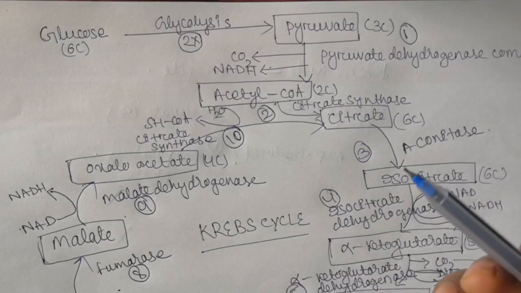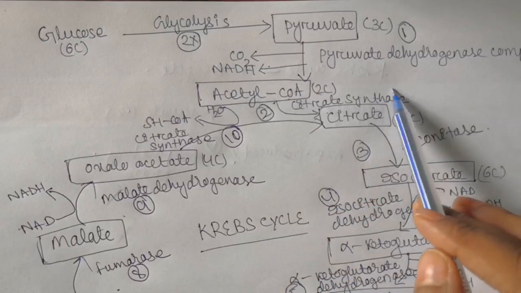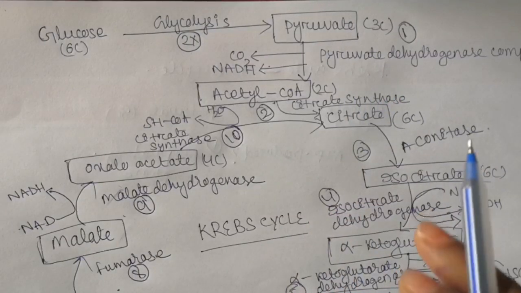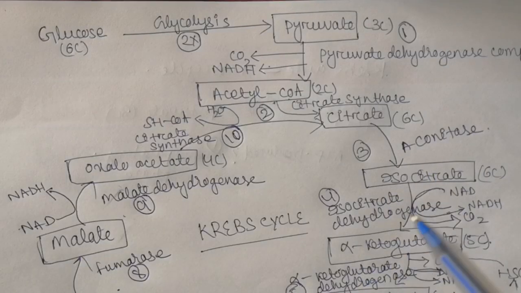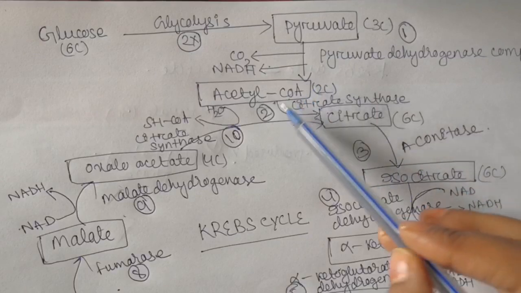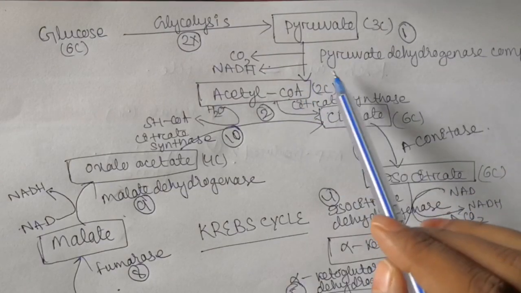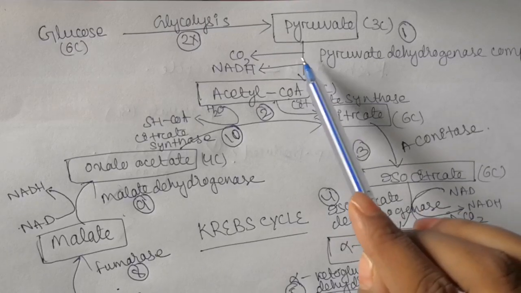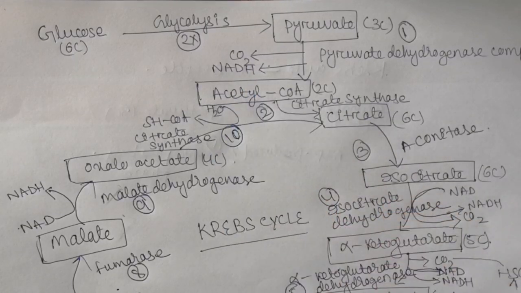In this reaction a molecule of carbon dioxide and a molecule of NADH are generated, and acetyl coenzyme A is formed as a two carbon compound.